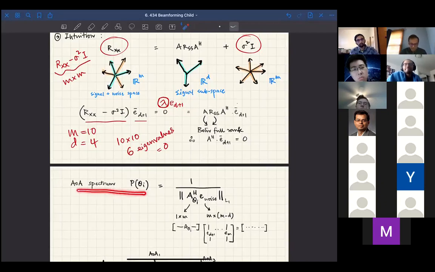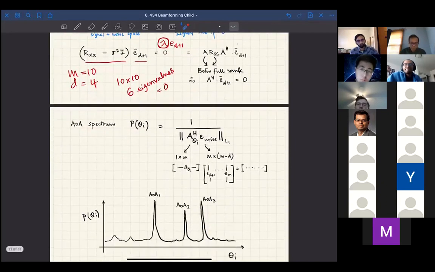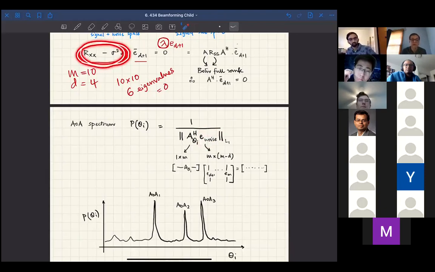So my AOA spectrum now is 1 divided by A(theta_i)^H times the eigenvectors, meaning I'm going to try different angles of arrival and multiply with those eigenvectors. I know these eigenvectors from eigen decomposition of my received signal.